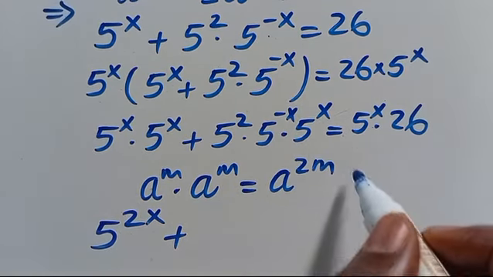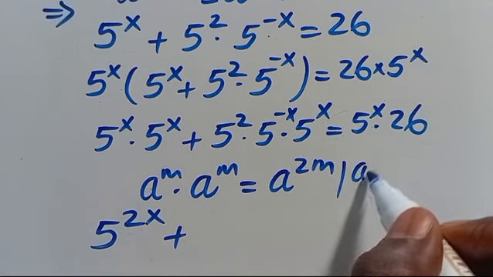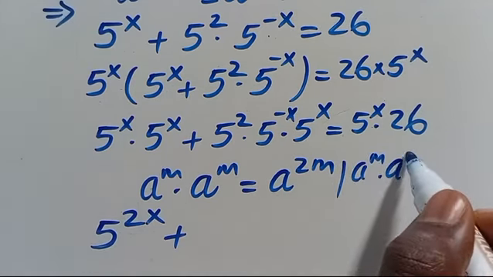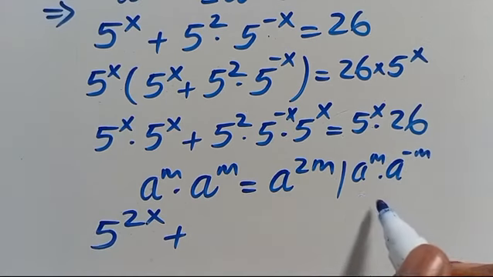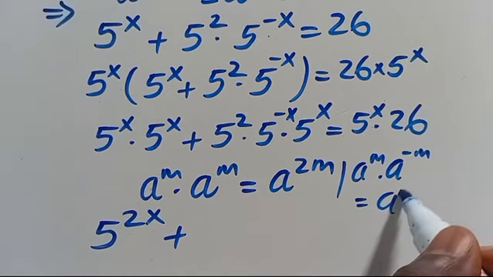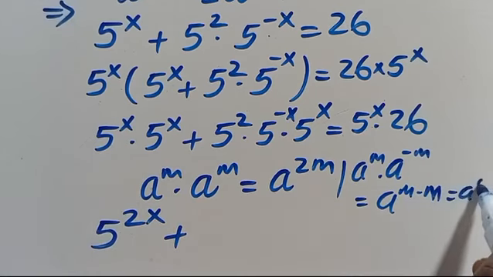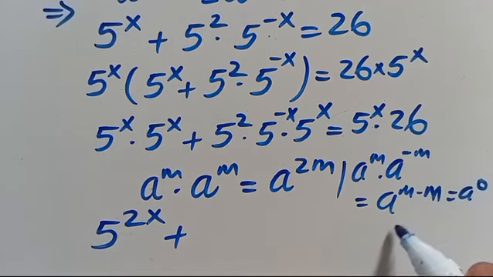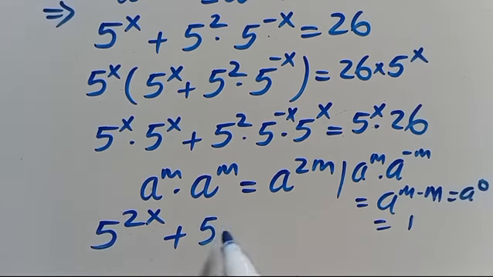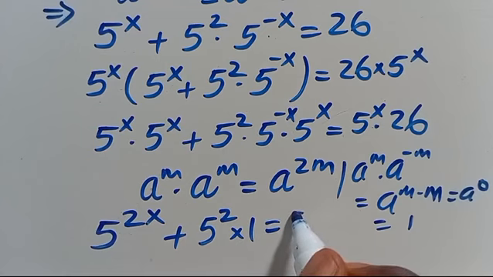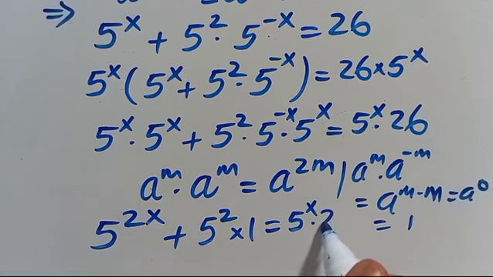We cancel out because a to the power of m times a to the power of minus m equals a to the power of m minus m, a to the power of 0, which equals 1. So we have 5 to the power of 2 times 1 equals 5 to the power of x times 26.